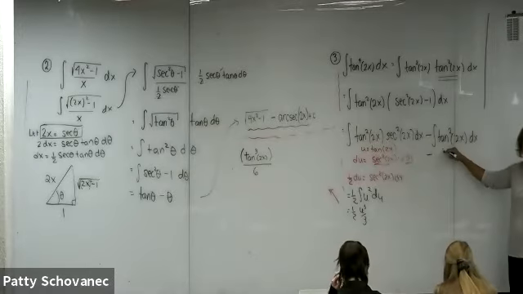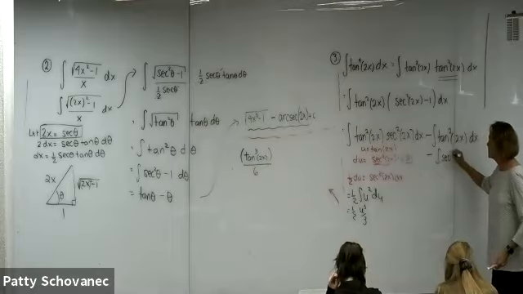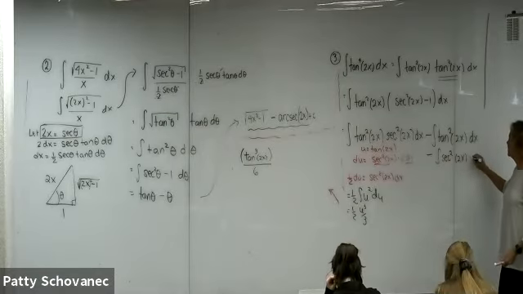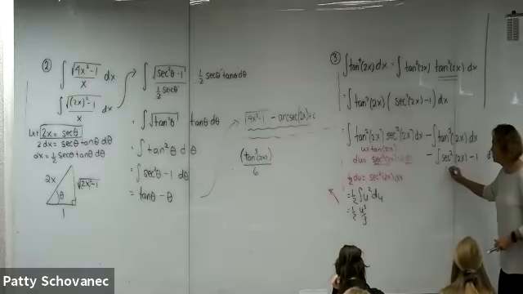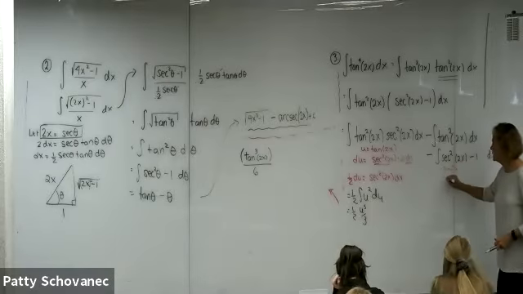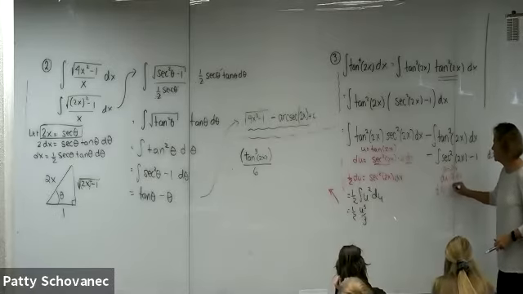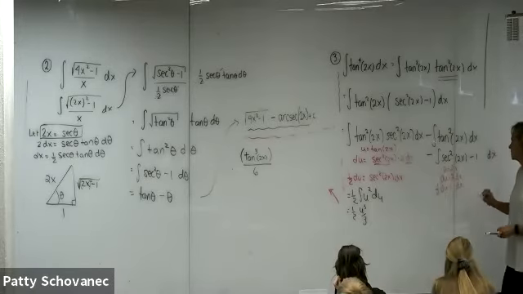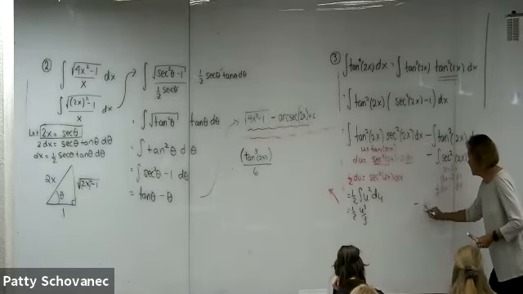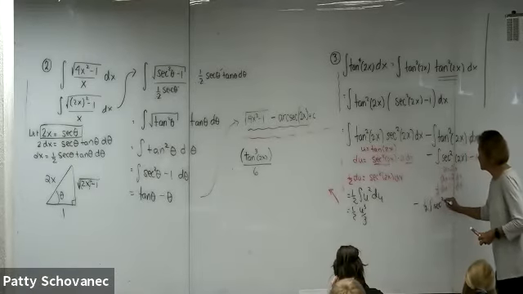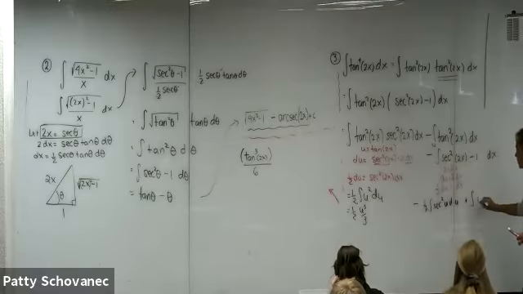Okay, now what are we going to do here? Secant squared minus 1, so the integral of secant squared of 2x minus 1 dx. Don't lose the 2. Let's take u to be 2x. Then du is 2 times dx, and so 1/2 du is dx. We can write that first integral as 1/2 the integral of secant squared of u du, and write this as a plus 1 dx.